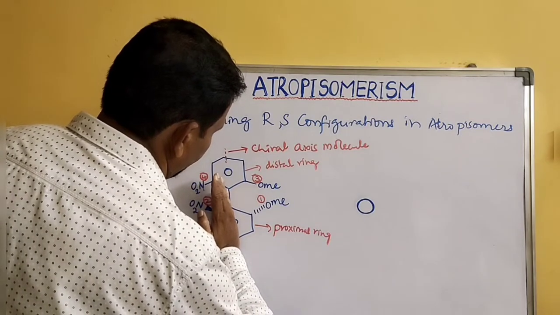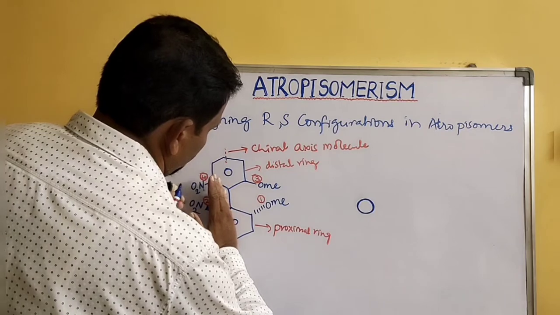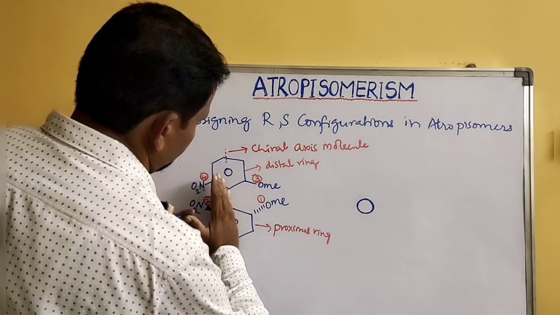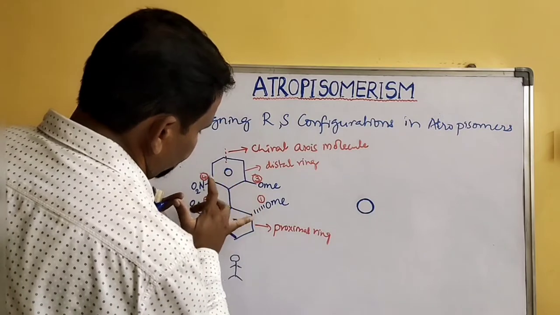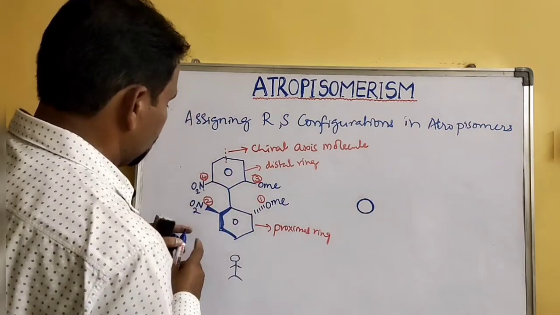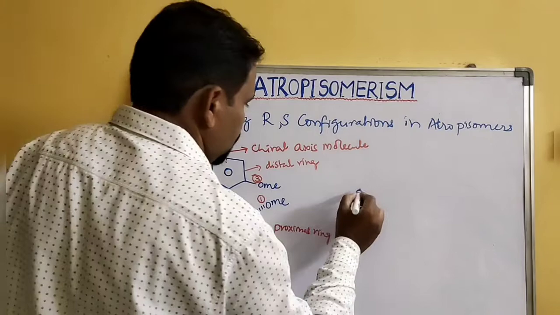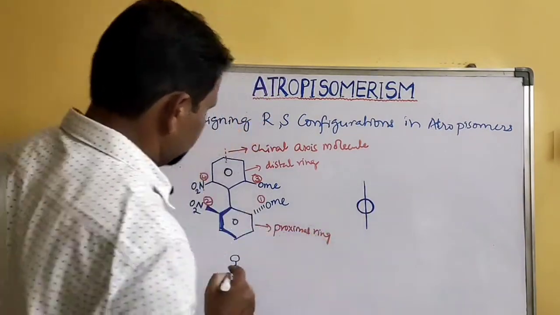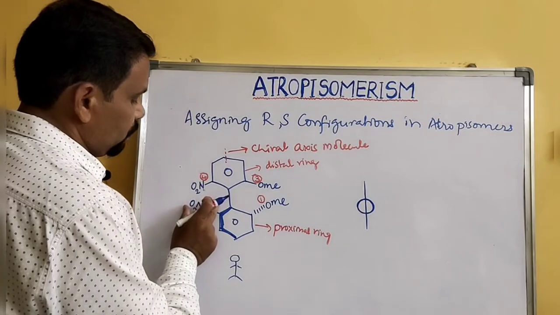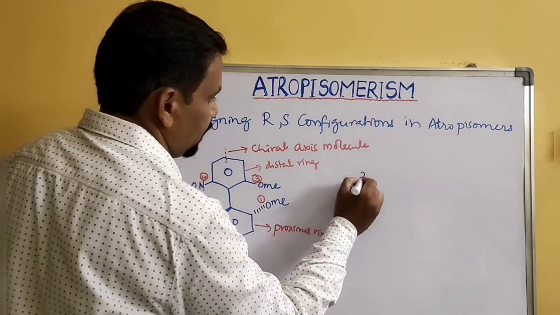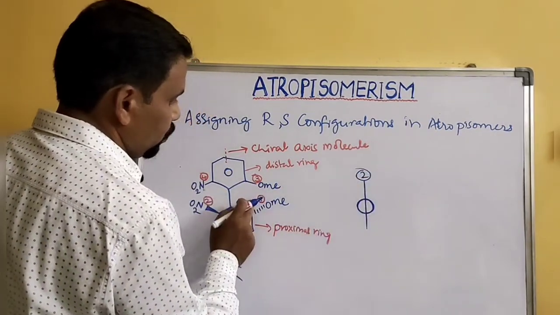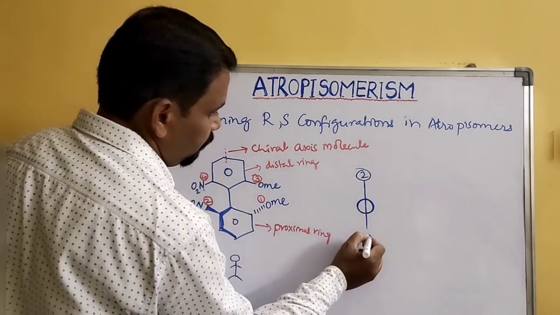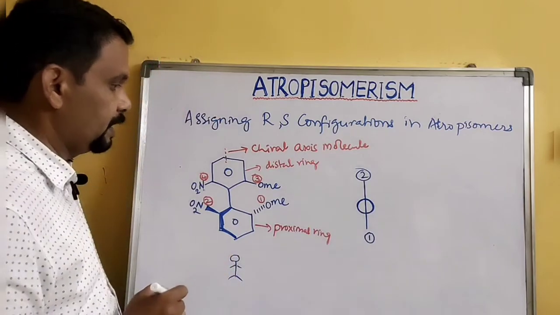That means the nitro group is up and OMe is down. Here the nitro group is up, that means second priority here, and the group down means first priority is given here.